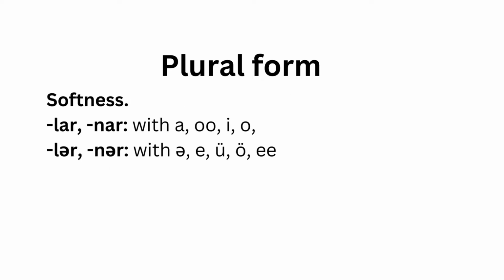And the softness of the ending depends on the softness of the vowels used in the main word. For example, kul, u is a hard vowel, that's why we add lar at the end. Kullar. Küz, ü is a soft vowel, that's why we add ler at the end of the word.